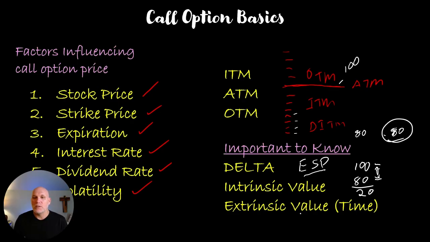Depending on how much time is left, it could be another $10. So the call option price might be $30 for a $100 strike. It could be different. It might be $5. It's basically anything that represents the time. The more time there is, the more expensive this piece is going to be. If you're a day or two out, there'll be no time value left. And I'll go through that here in a minute.